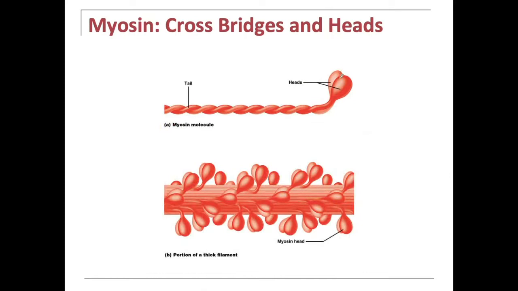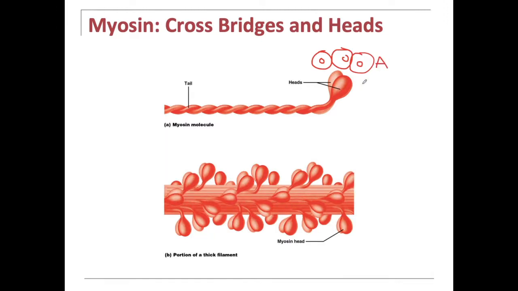So here are the myosin heads, and you see that there are many, many different myosin heads here. And they're going to have the ability to attach to those binding sites, like a magnetic attraction to actin.